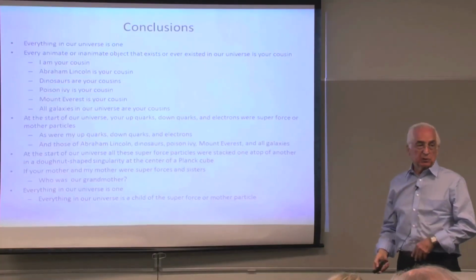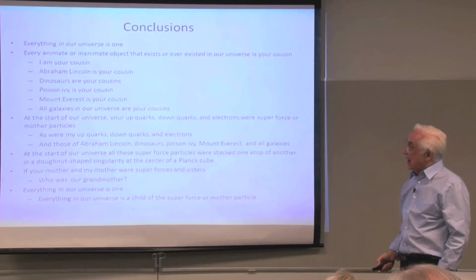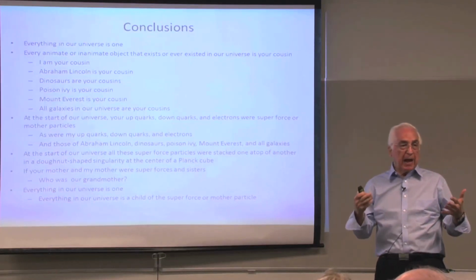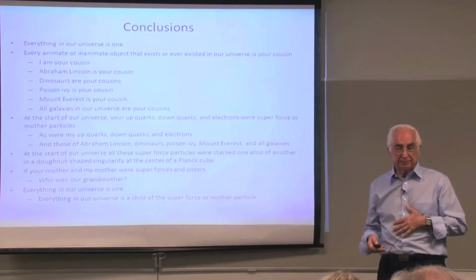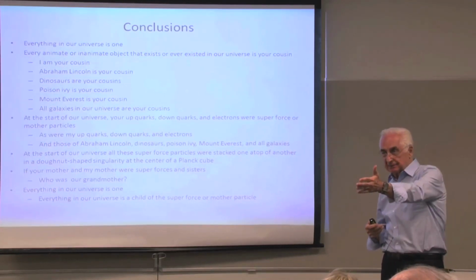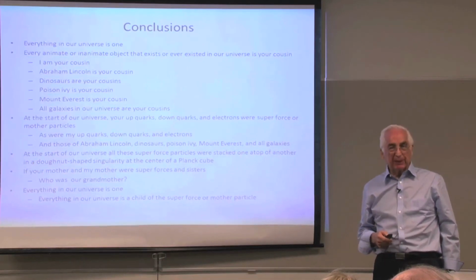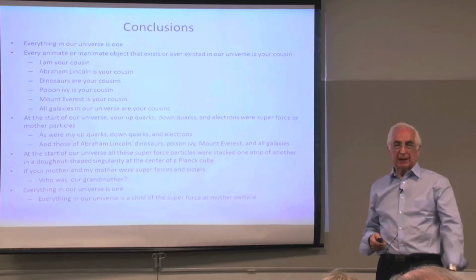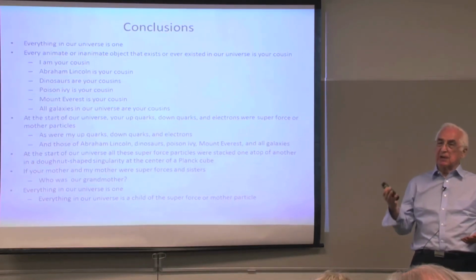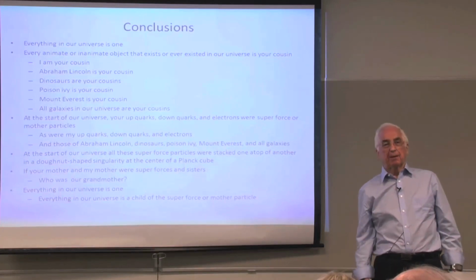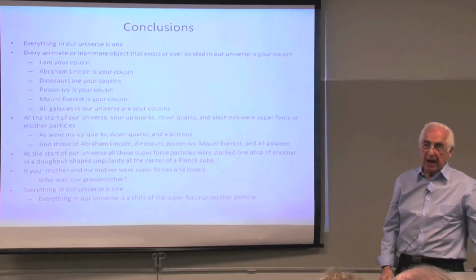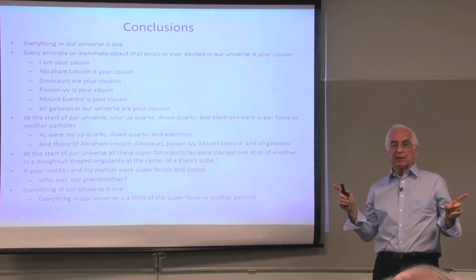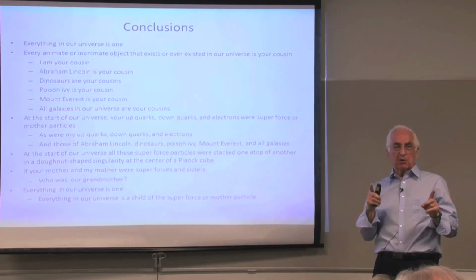Everything in our universe is one. Every animate or inanimate object that exists or ever existed is your cousin. I am your cousin. Abraham Lincoln is your cousin. The dinosaurs are your cousins. Poison ivy is your cousin. And all 100 billion galaxies in our universe are your cousins. Why?